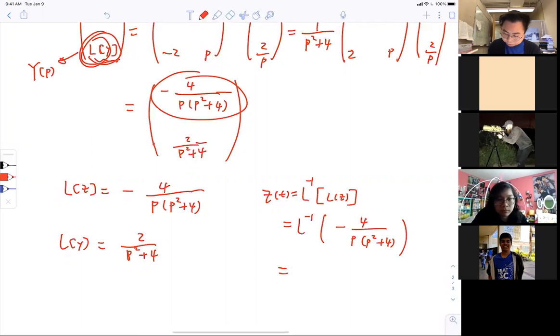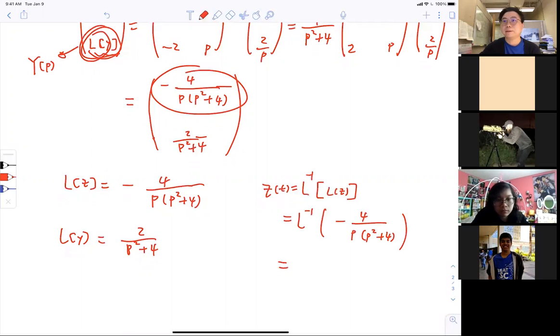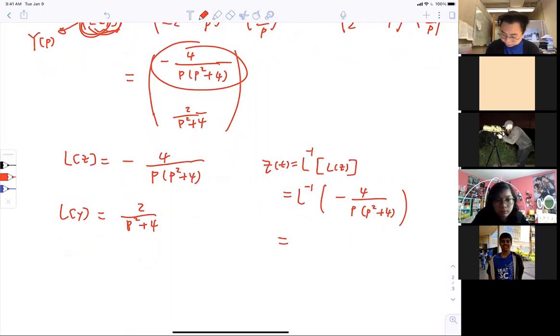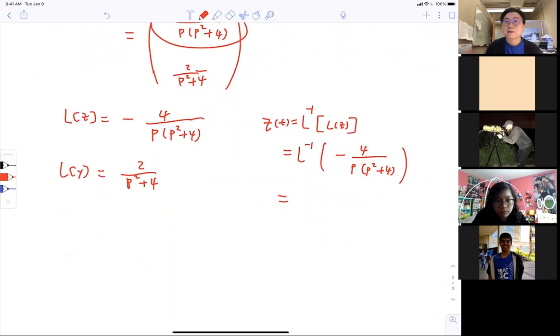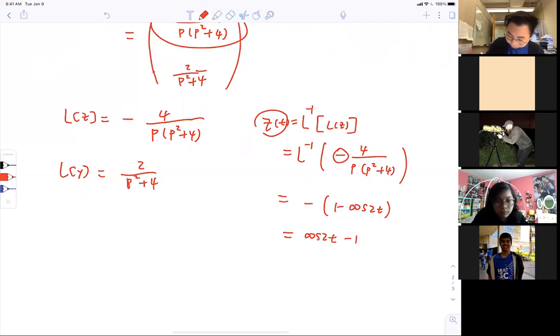And you just need to look up the table, and you would say there's a minus sign, 1 minus cosine 2t, I think, is cosine 2t minus 1. So this is z of t.